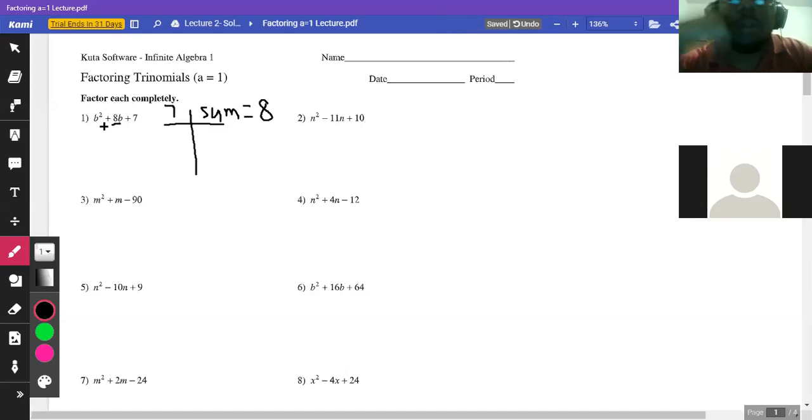So let's see. Well, 7's a prime number, so I know the only 2 numbers I can multiply together to get 7 are 1 and 7. And I know that 1 plus 7 gives me 8. So if I wanted to factor this, it would just be b plus 1 and b plus 7.